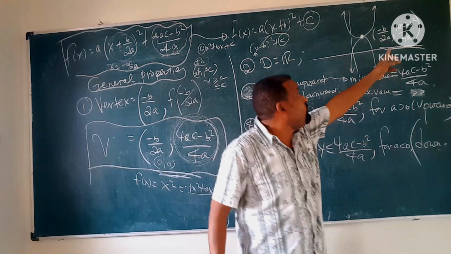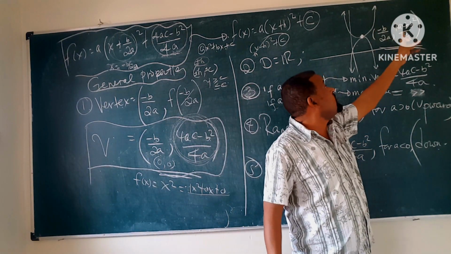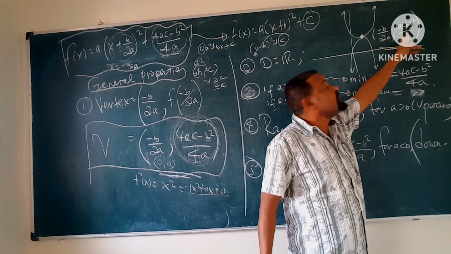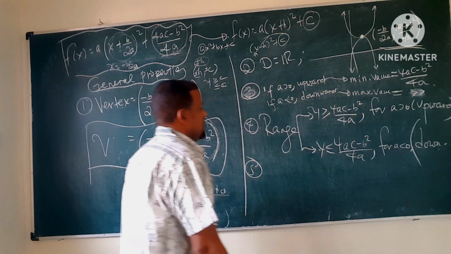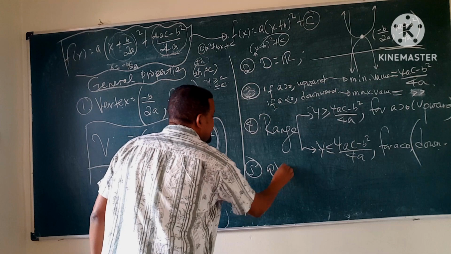The value is the same; it is a minimum when the parabola is upward and a maximum when the parabola is downward.